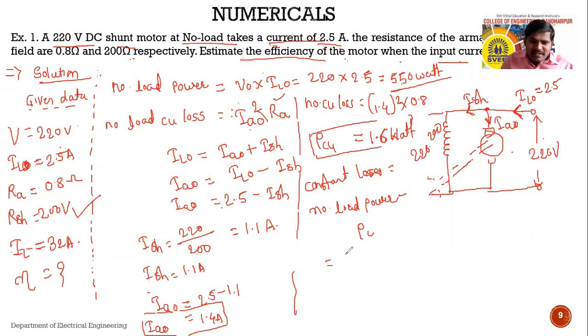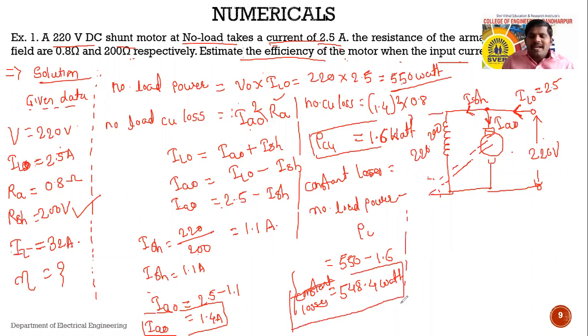So no load power is 550 watt minus copper losses, which is 1.6 watt. What is the value? किती येते value? 548.4 watt. This is the constant losses, right? This one is the constant losses.